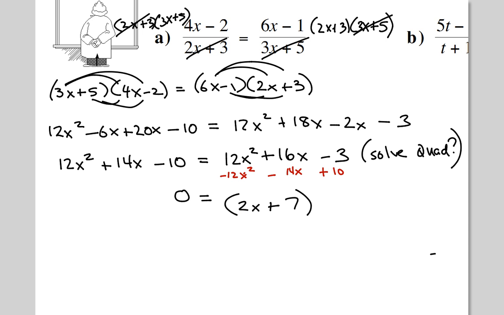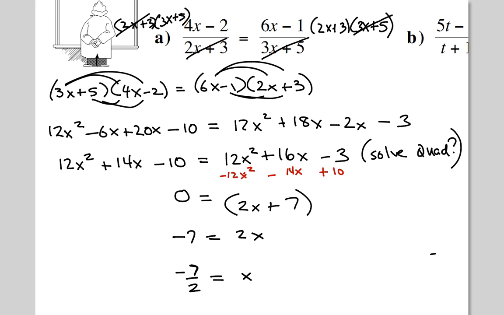You could also do it longhand: negative 7 over here, divide by 2. So negative 7 halves equals x.